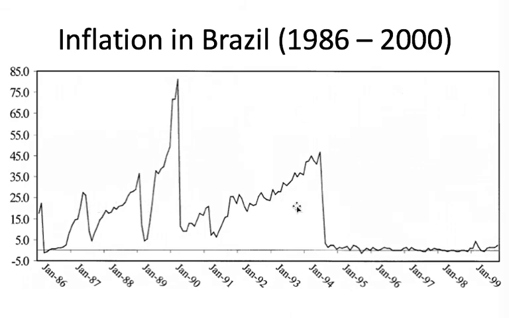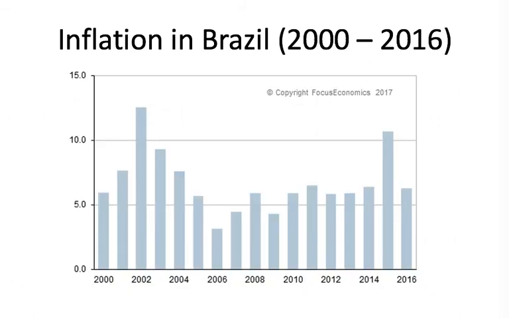So our highest inflation was near what their average inflation was from 1986 to about 1994. If we're looking at Brazil in more recent times, here is Brazil's inflation from 2000 to 2016, and their inflation has been over 5% almost that whole entire time.